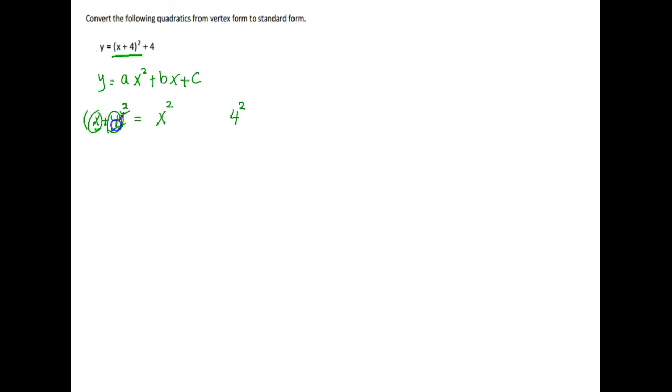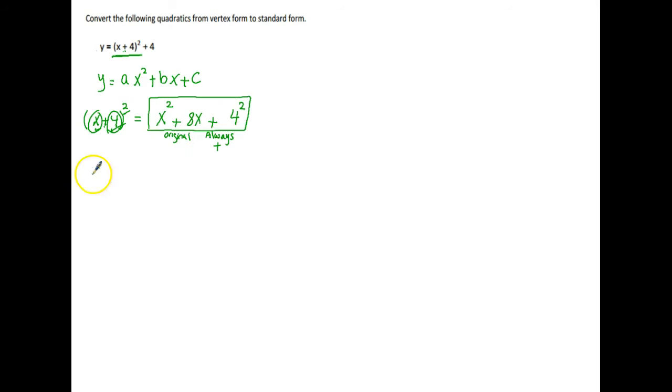So x times 4 is 4x times 2 is 8x. This is always a plus, no matter what. This is always a plus. This sign is the same as the original sign. So this is just expanded that parenthesis.